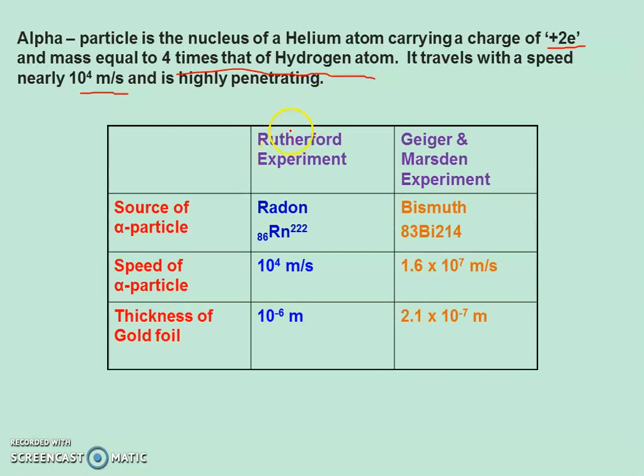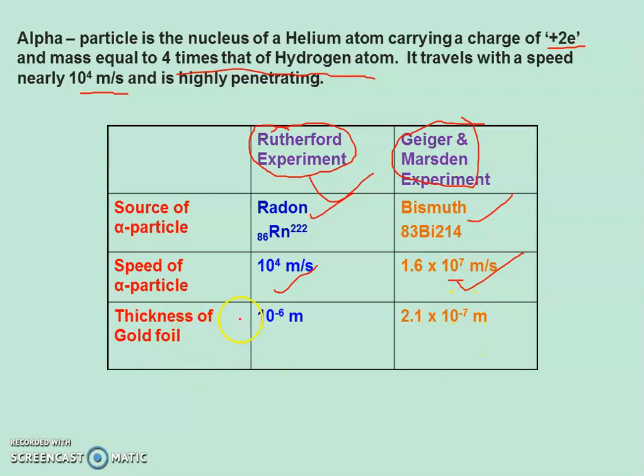Now this is the record of observations of the Rutherford experiment, and this is for the Geiger and Marsden experiment. You can see that the source of alpha particles is radon, whereas it is bismuth for the Geiger and Marsden experiment. The speed of the alpha particle in the Rutherford experiment is 10 to the power 4 meter per second, whereas in the Geiger and Marsden experiment it was of the order of 10 to the power 7 meter per second.